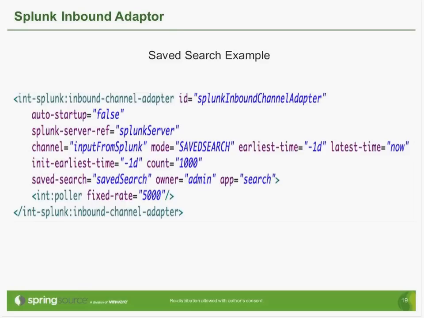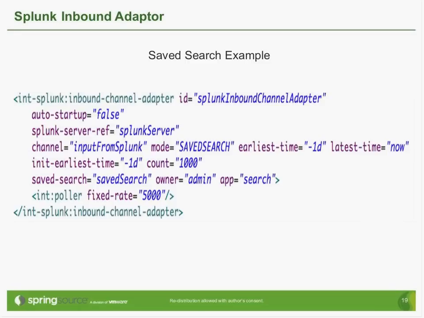By default, if you don't have an auto startup attribute, it will be running as soon as the application is started. But for whatever reason, if you're streaming data to Splunk, you may want at runtime to shut it down or to be able to start it manually from some other application. So here we have auto startup false.